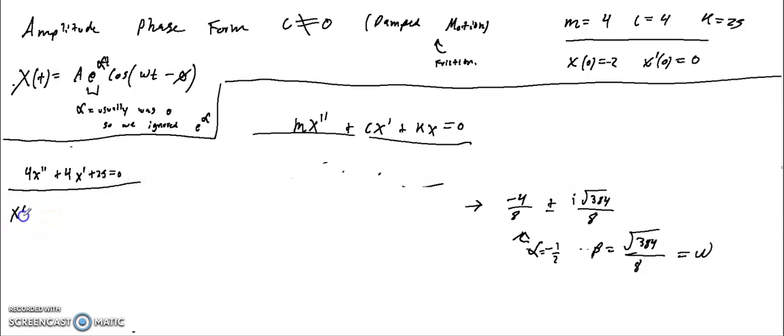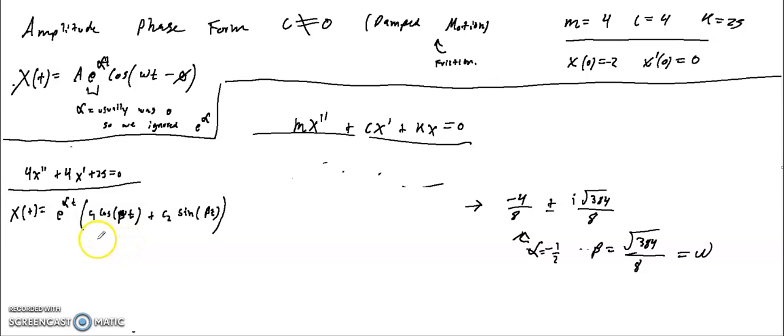So x of t equals, when we have complex roots, e to the alpha t times c1 cosine of omega t, well, we'll write beta for now, plus c2 sine of beta t.